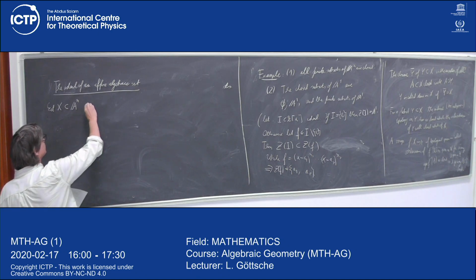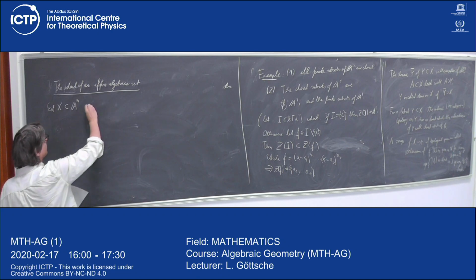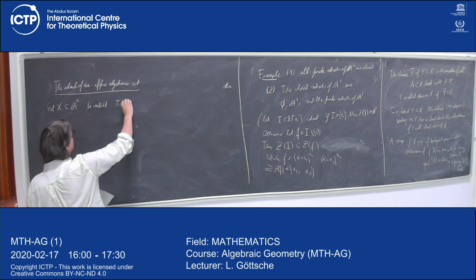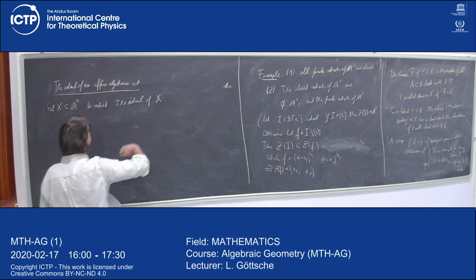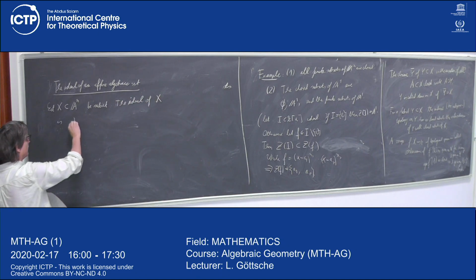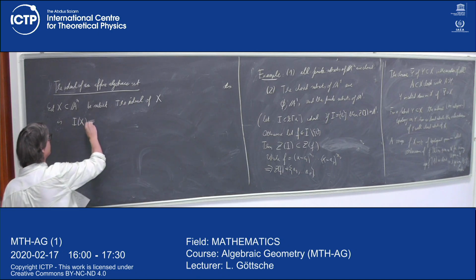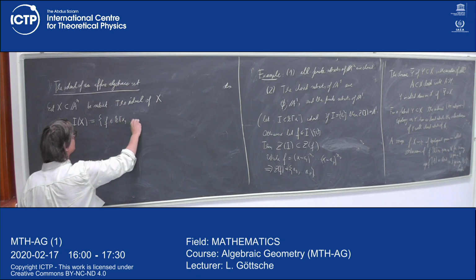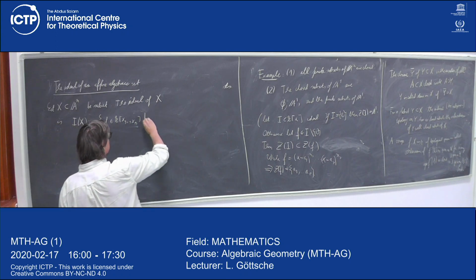So X in A^n is a subset, and the ideal of X is I(X), which is defined to be the set of all polynomials f which vanish at all points in X.